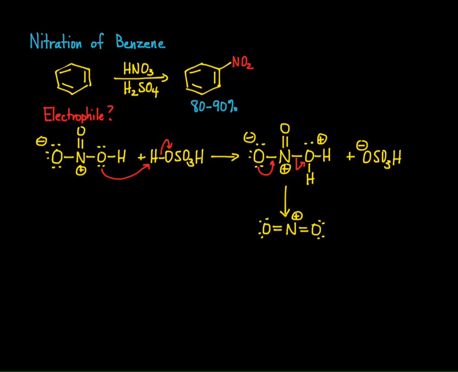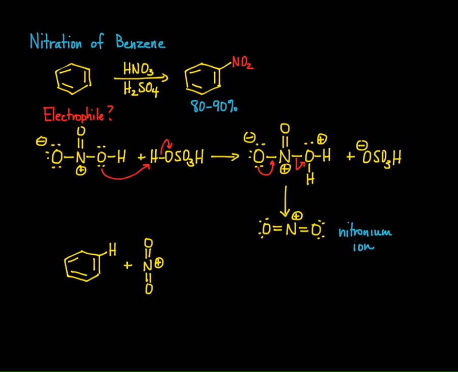It now has two oxygen double bonds connected to it, right? And the oxygens are neutral. This is called the nitronium ion. And in terms of electrophilicity, we see the nitrogen has a formal positive charge, and it is electron deficient. So it's seeking out electrons, meaning it's a good electrophile.